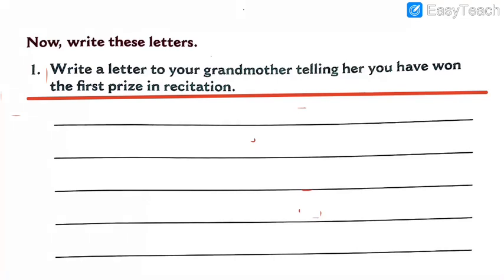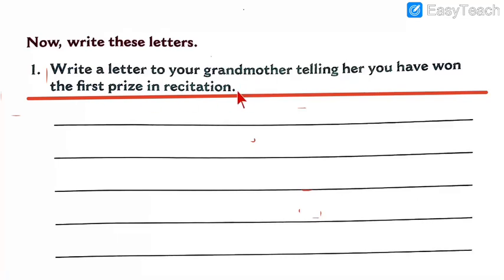So here you have to imagine that your grandmother is living in some other city, in some other place. And then you have to write the letter to her. So in the address, you have to write the address properly of the place you are thinking of. Anyways, I hope that you will remember this question.